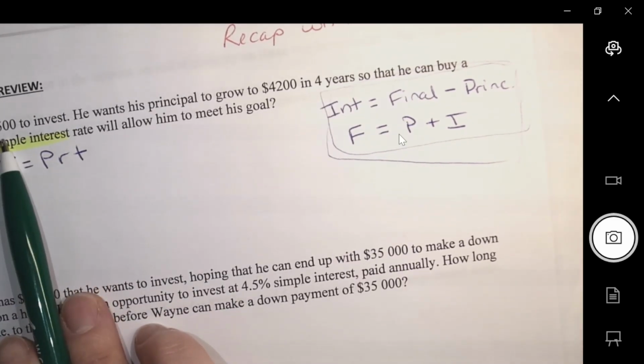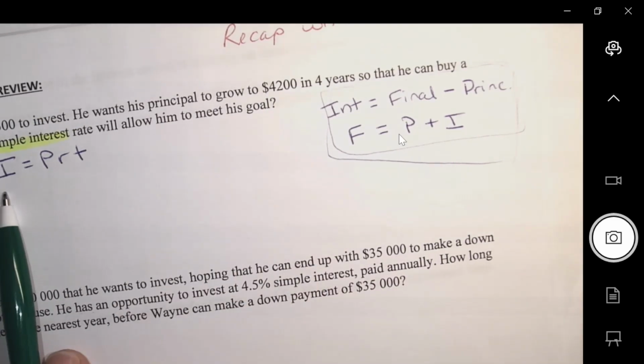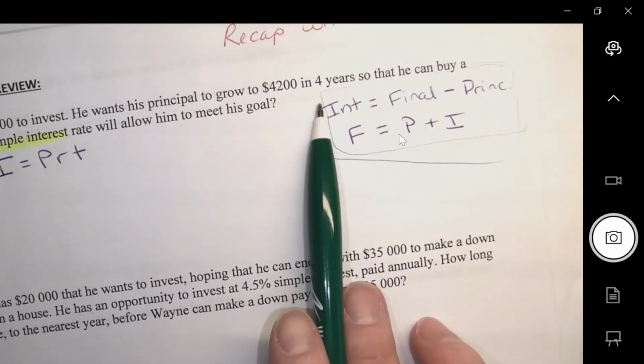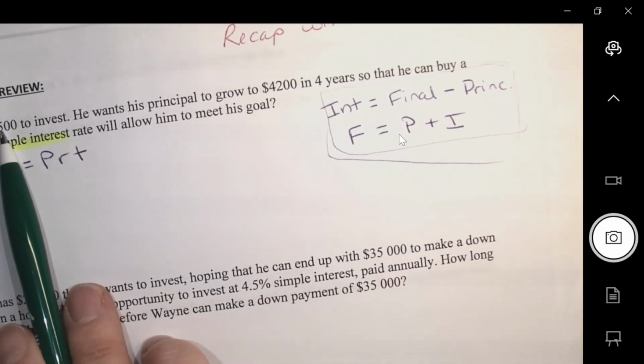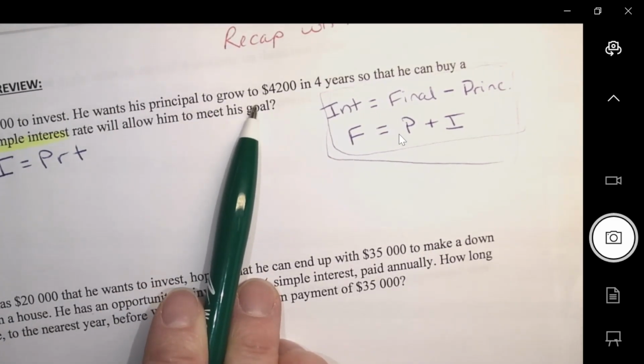Okay, so he started with this and he ended up with that. So what do I replace with interest? Thinking about this stuff that we just wrote on our cheat sheet. How much interest was there? You started at 3,500 and now you're at 4,200.